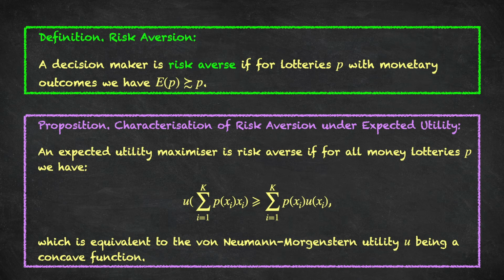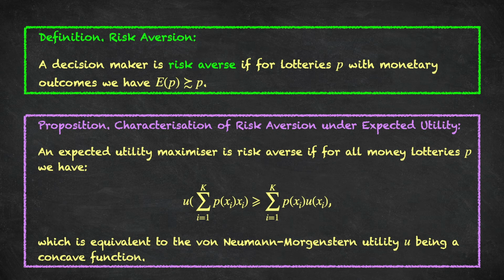Whilst concave von Neumann-Morgenstern utility is equivalent to risk aversion, there are other risk attitudes. Risk-seeking behavior would be characterized by a convex von Neumann-Morgenstern utility function, and risk-neutral being the condition where a decision maker is indifferent between the expected value of a lottery received with certainty or taking the risky lottery itself.